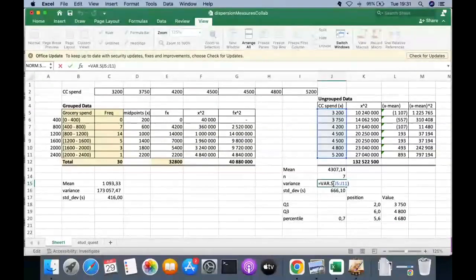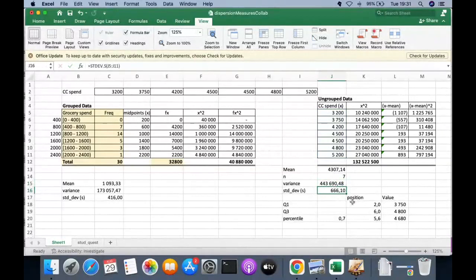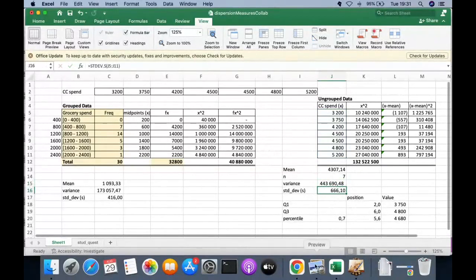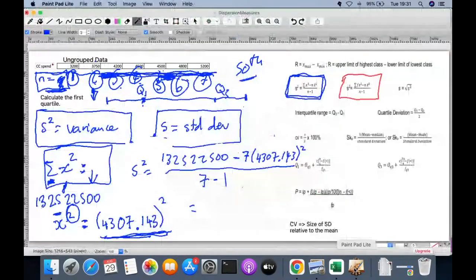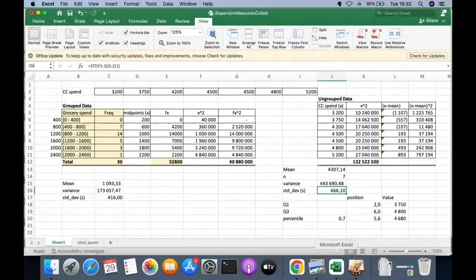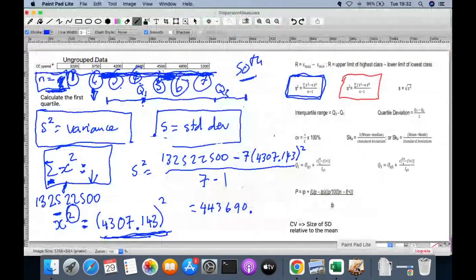Quite a big number. Okay, it's 443,690 point, and I'm going to include 2 decimal places, which is 48.